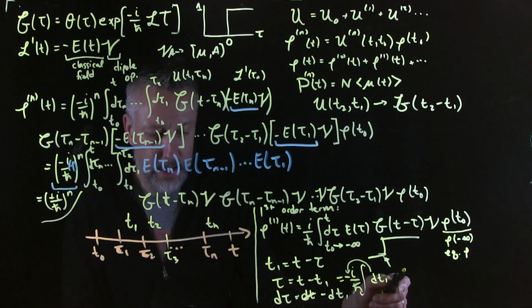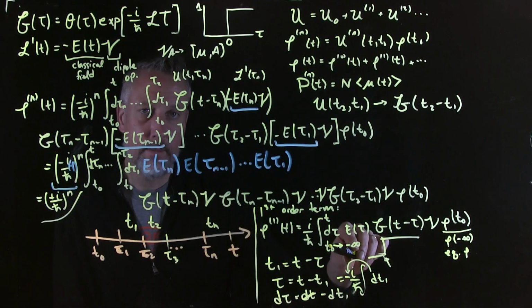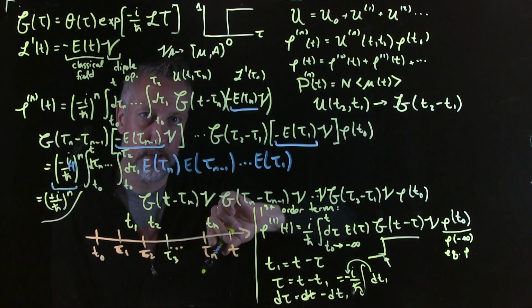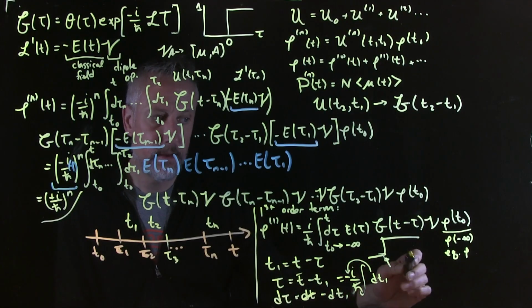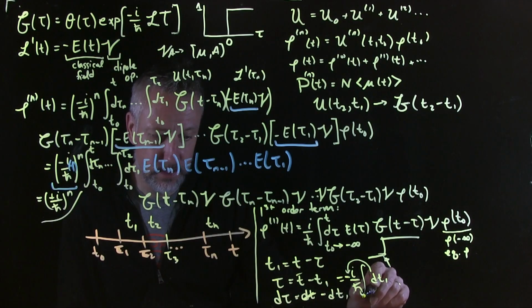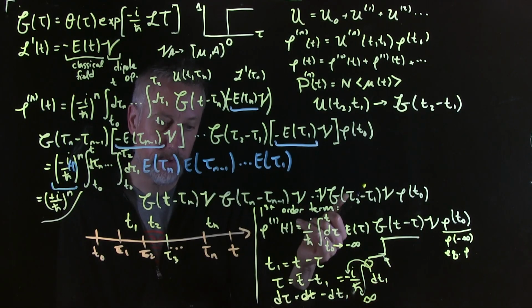Okay, and so what we said was that the minimum time is negative infinity. So the smallest value that tau will ever have is negative infinity. So t minus that is going to be infinity. So this is basically saying the minimum limit, the way we're defining things right now, is infinity, and the upper limit is 0. So we sort of swapped directions.